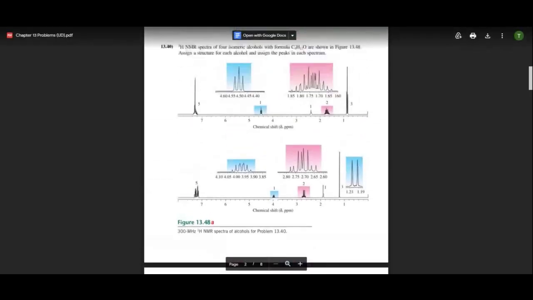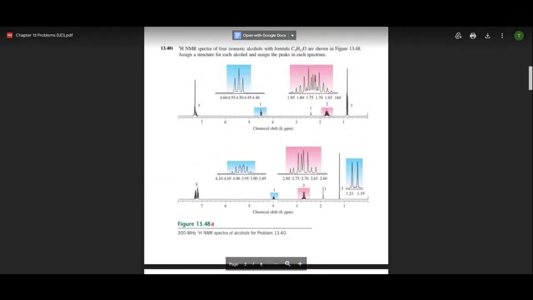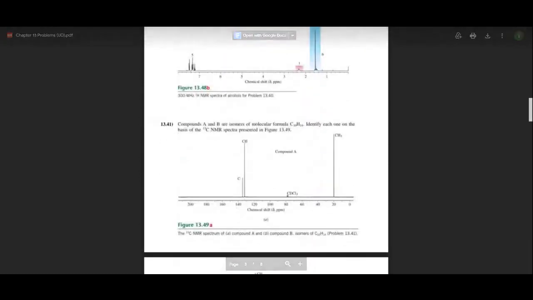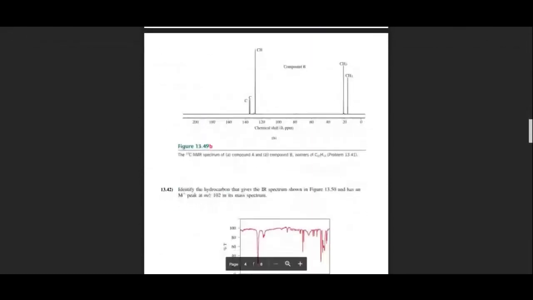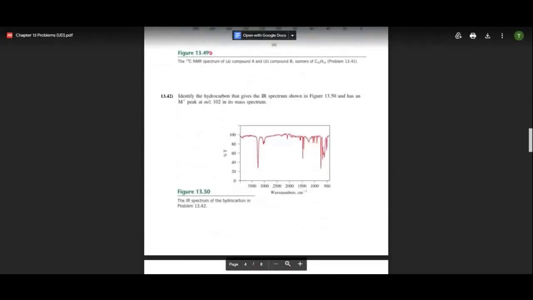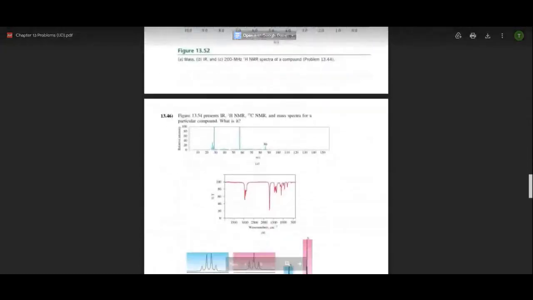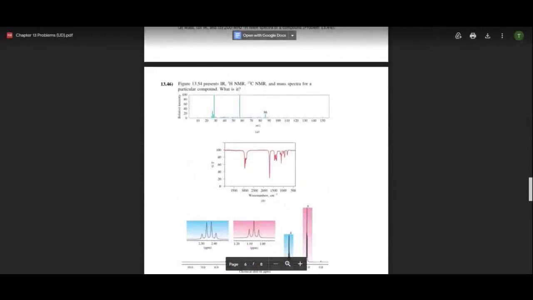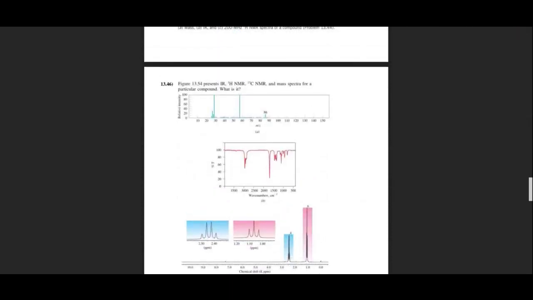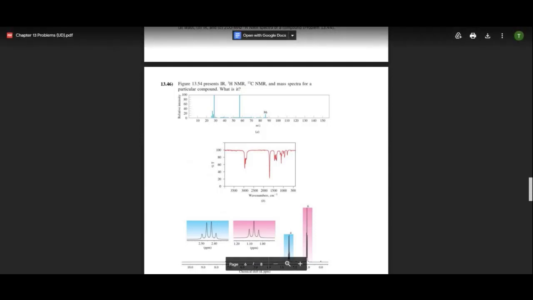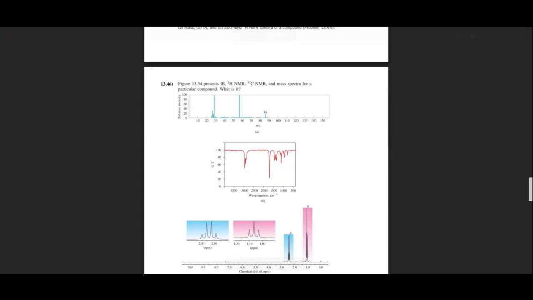And so you have to use the H NMR to figure out the structure of the alcohol given the C9H12O. Now, the other type of question that would be interesting to do would be something like, here we go, 13.54. Figure 13.54 presents an IR, H NMR, C NMR, and mass spectra for a particular compound. What is it?